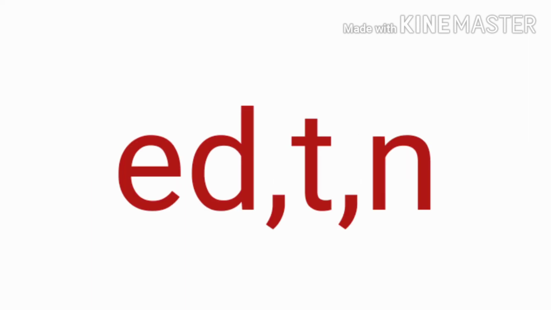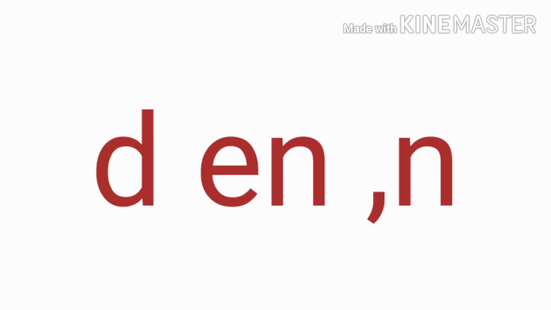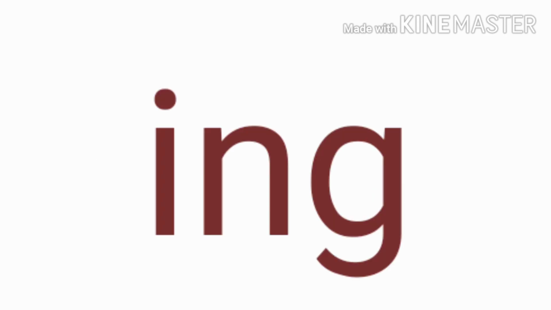So this is all about regular and irregular verbs. The important point: the past participle always ends with ed, d, t, en or n. And the present participle always ends with ing. Clear?